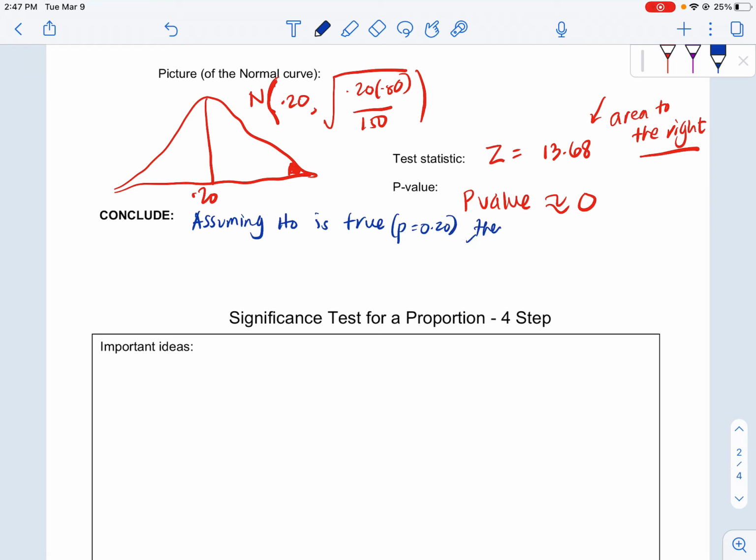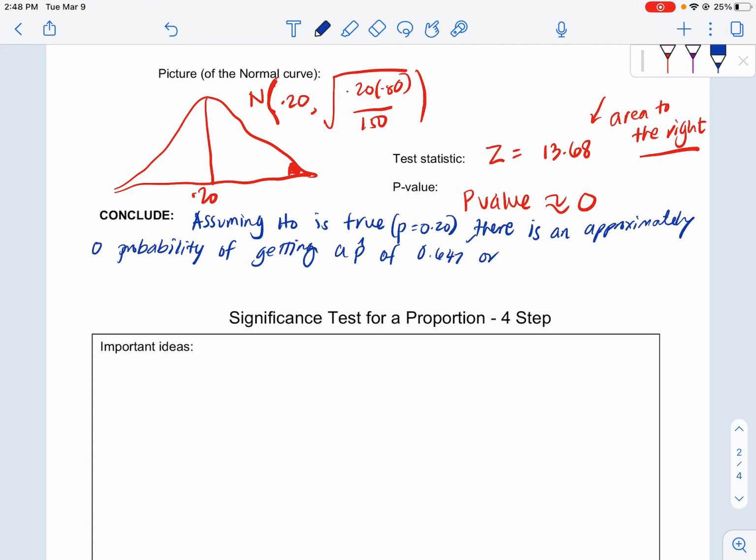There is an approximately 0 probability of getting a p hat of 0.647 or greater purely by chance.